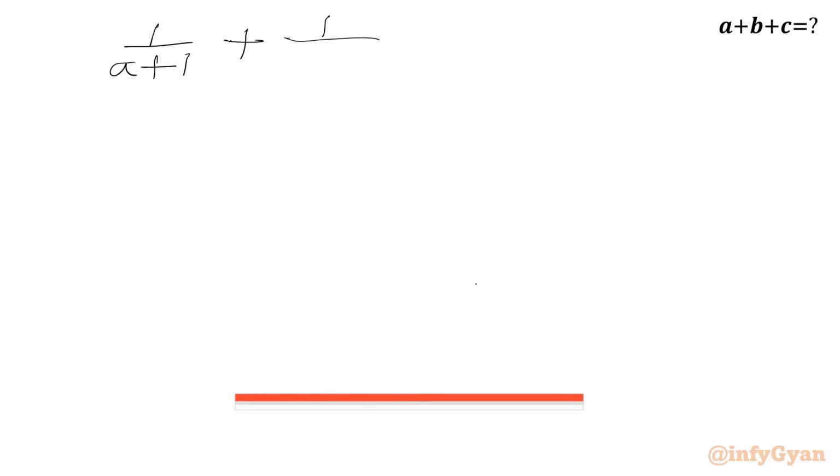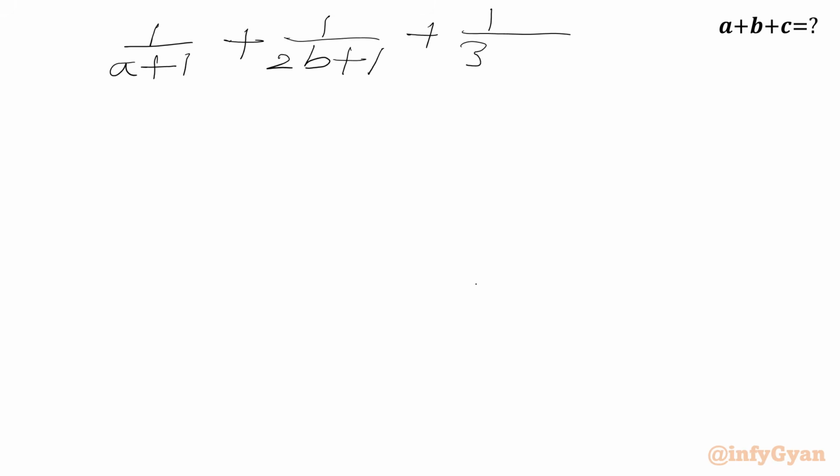Now we will write our second equation: 1 over a plus 1 plus 1 over 2b plus 1 plus 1 over 3c plus 1 equal to 2. And we have the condition a equal to 2b equal to 3c. So in place of 3c, we can write a.